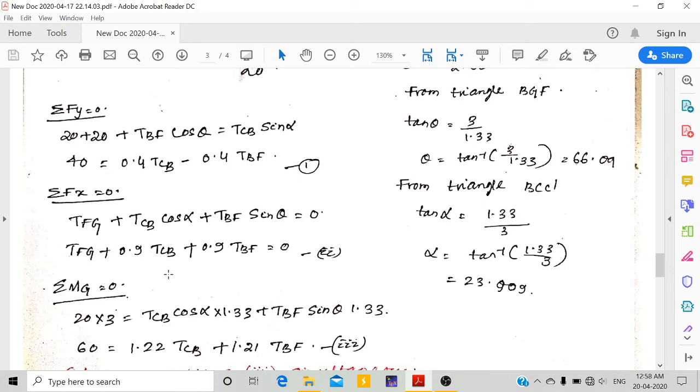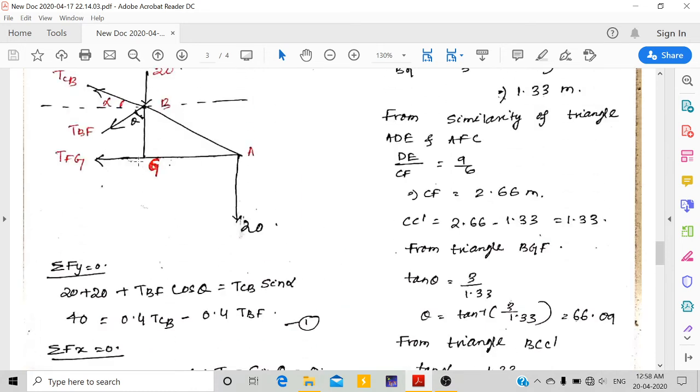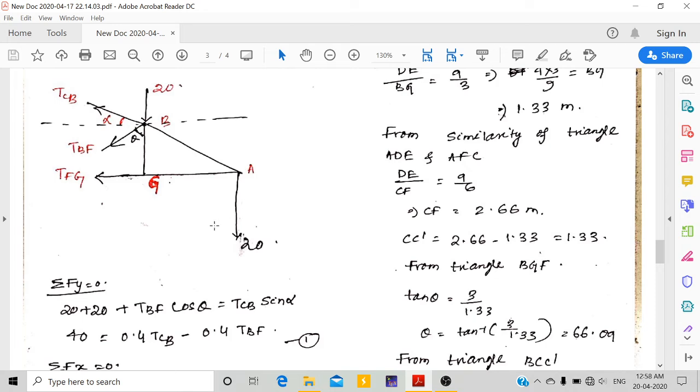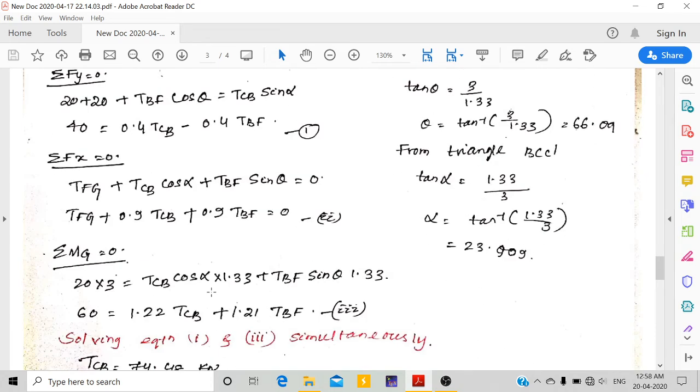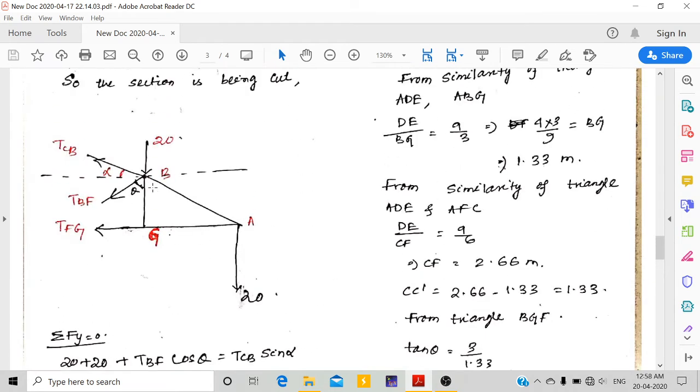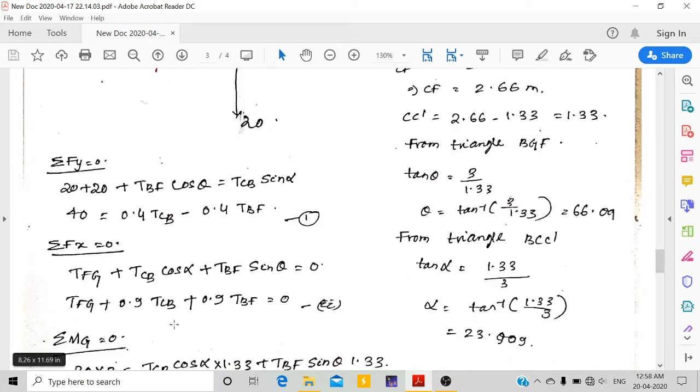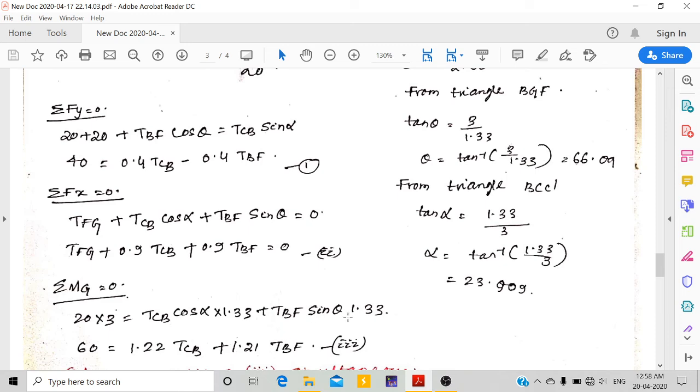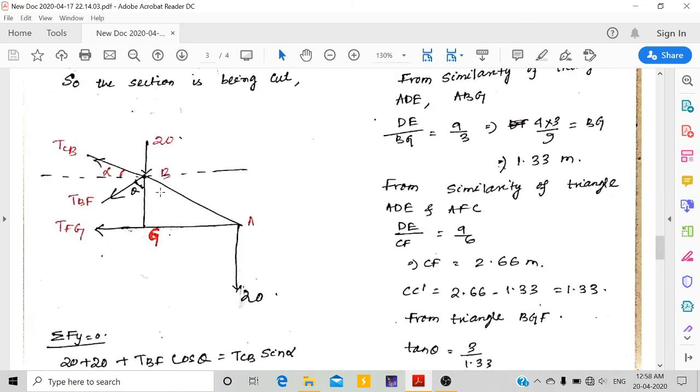Next, I will take moment about point G. At this point G, this 20 into this distance, first this 20 into 3. Next, this TBF has one vertical component, which cancels out. The horizontal component will be TBF sine into 1.33, and this vertical component will pass through 0.